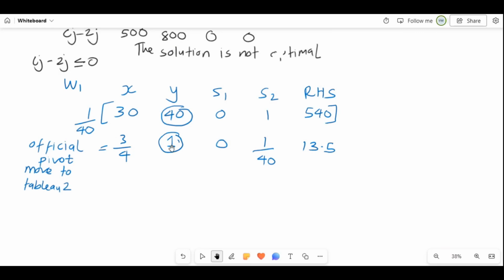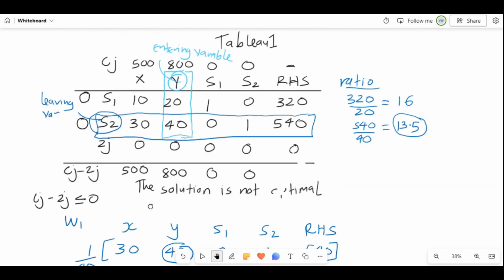We want to adjust our official pivot row with the other constraint. And the idea of sensitivity analysis is that as much as you are changing a variable, it also affects the other one. So for us to make the other constraints 0, and in this case there is only one constraint, which is S1. But in another question that you may encounter, you may have other constraints, maybe S1 and S3.